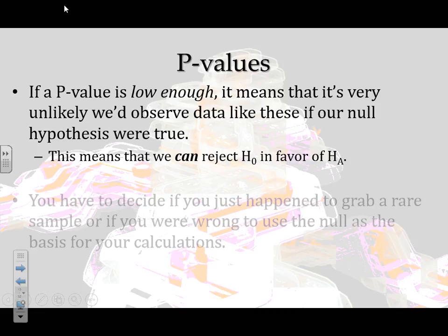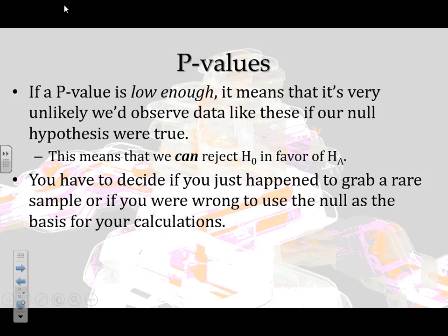Okay? Now, when you get a low p-value, you do actually have two options. You could decide that you just happen to grab a rare sample. Okay? There is that possibility that you did happen to grab a sample that's way off from the normal path.